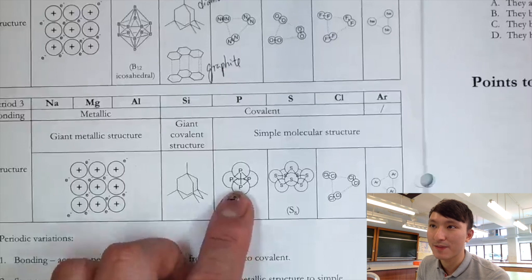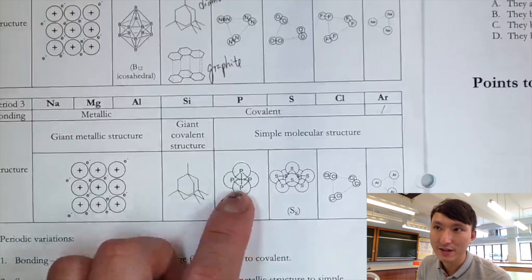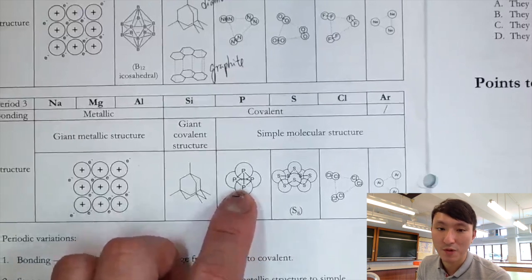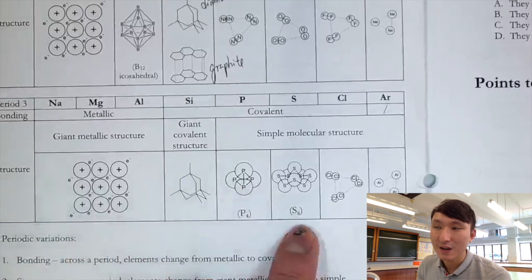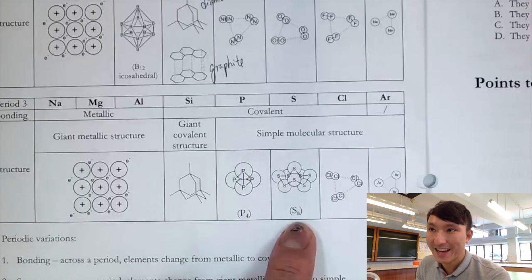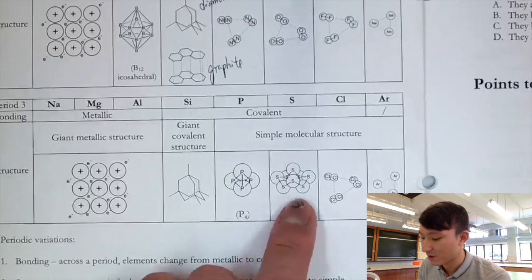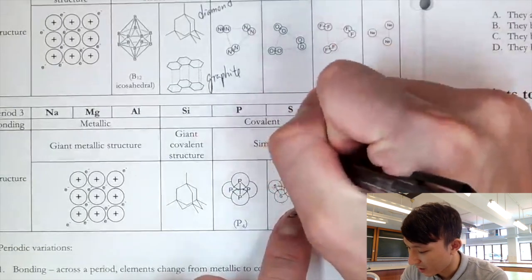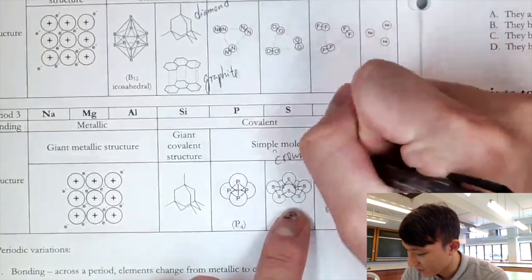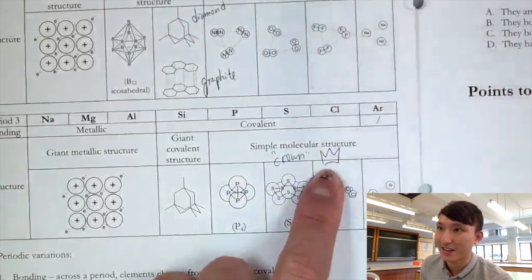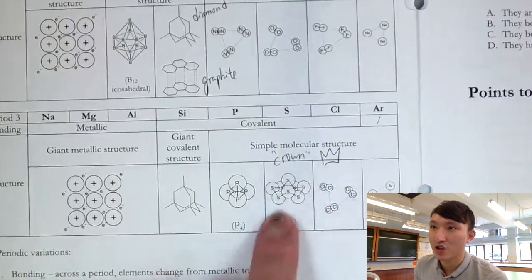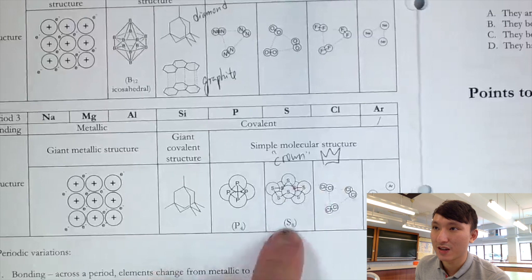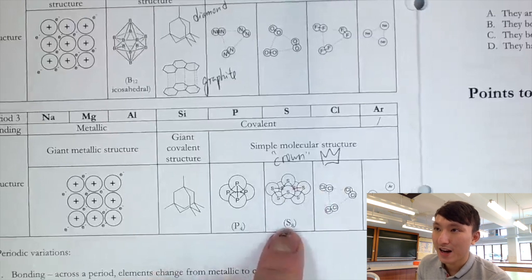So it's kind of like a little pyramid with a triangle base, and sulfur exists as an S8 molecule. Usually we describe it as a crown, like the king wears a crown. So it has some kind of weird shape.